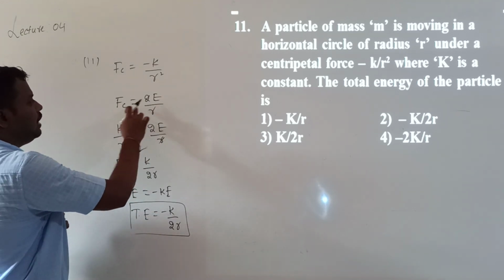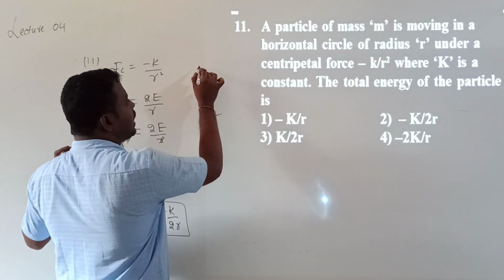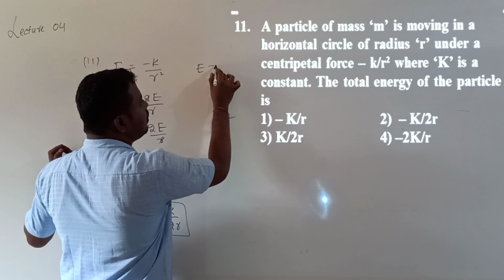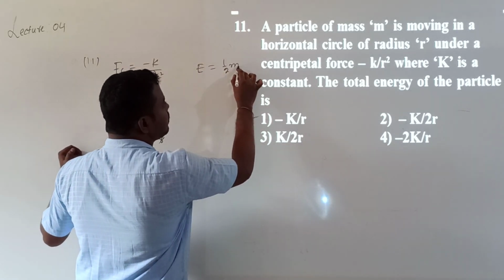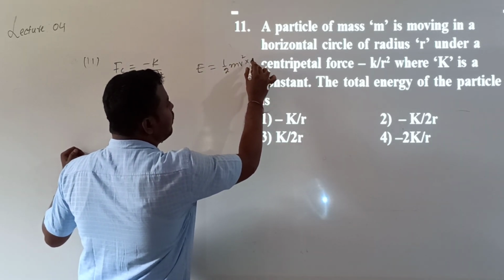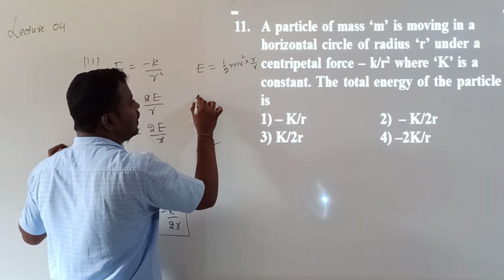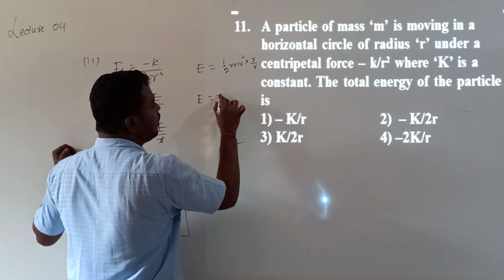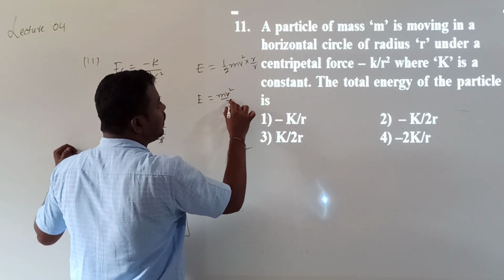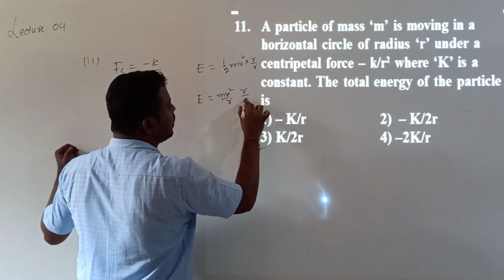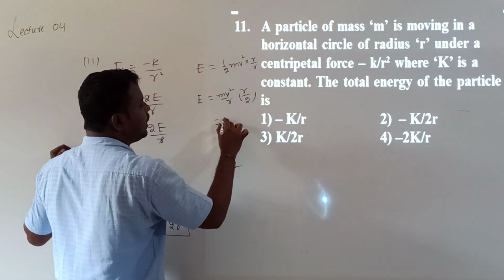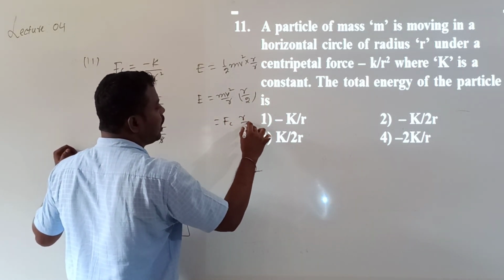Yesterday we have seen this, and even if you want, we can derive it. The kinetic energy formula E is equal to 1 by 2 into m into v square. Yesterday in the synopsis we discussed, multiply numerator and denominator with R. Then what will we get? E is equal to m v square by R into R divided by 2. Correct? m v square by R is equal to Fc, so E is equal to Fc into R divided by 2.